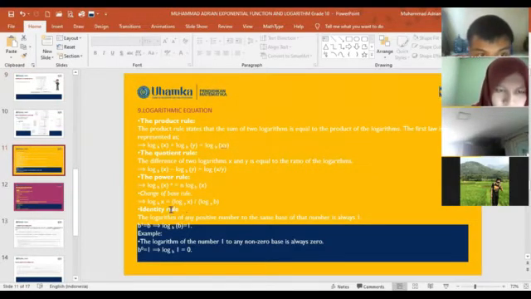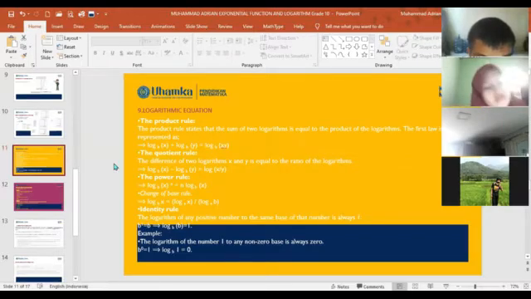Logarithmic equation. The product rule states the sum of two logarithms is equal to the logarithm of the product. The first law is represented as log b x plus log b y equals log b of x multiplication y.